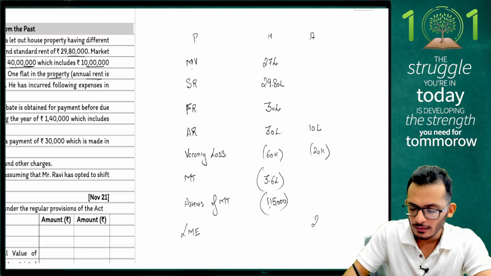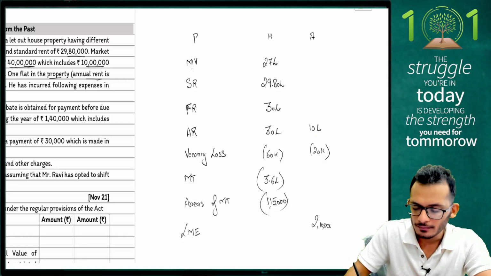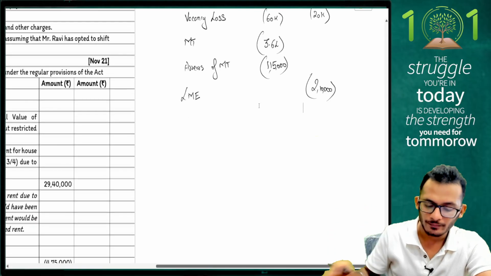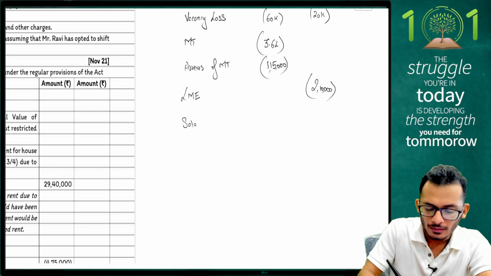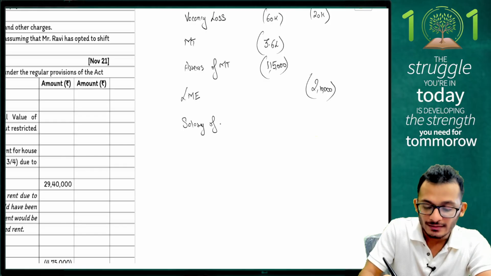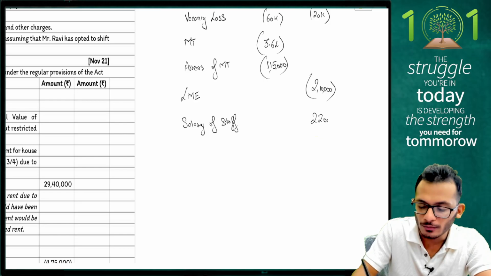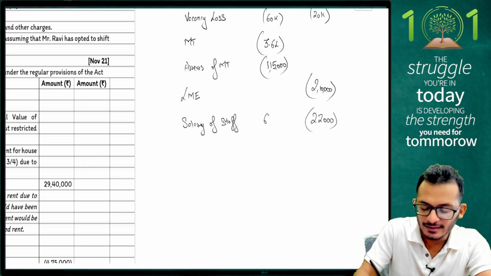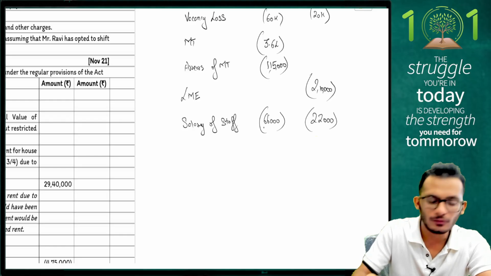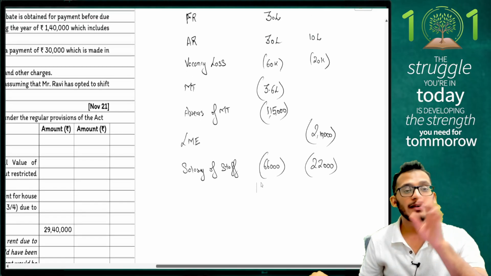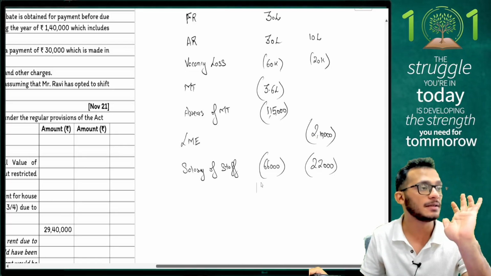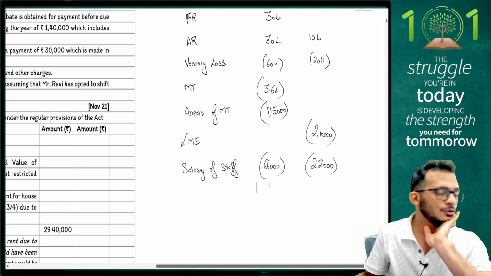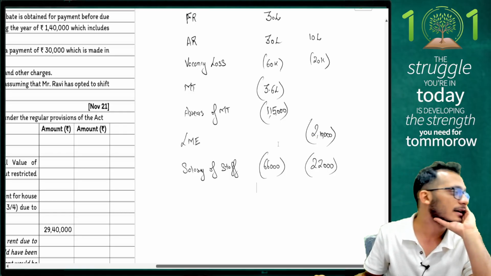Number is very good. Leaves me with salary of staff of 88,000, which means 22 will go to amenities and 66 will go to house. Correct? Not correct? Yes. With these facts now, people, I have to prepare the statement of HP and statement of IFOS. Correct? Not correct? Yes.